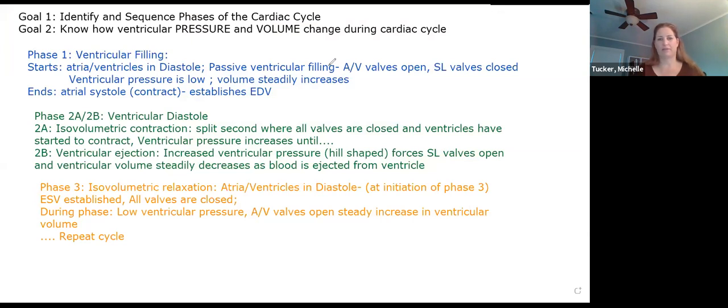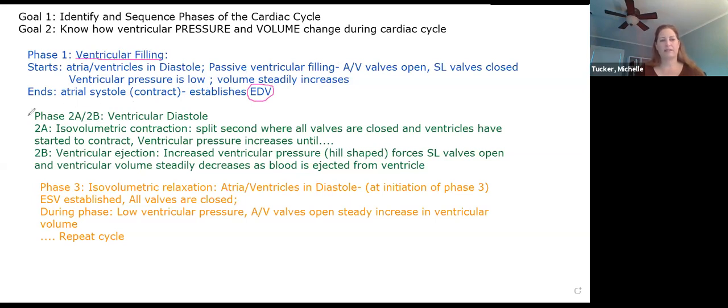We get passive ventricular filling. At the very end, the atria contract, and this establishes end diastolic volume. The AV valves are open, the semilunar valves are closed, ventricular pressure is low because it hasn't started to contract. Remember, it's still resting. And ventricular volume is steadily increasing because the phase is known as ventricular filling.